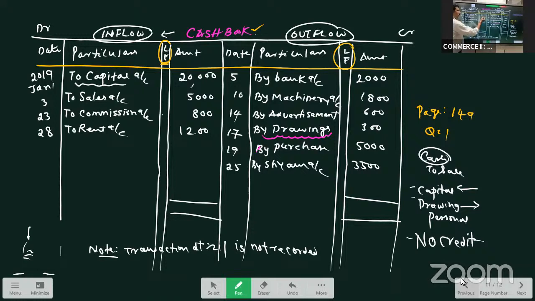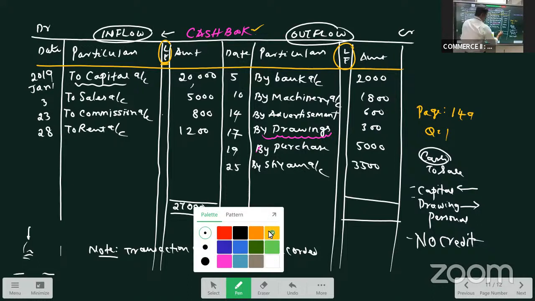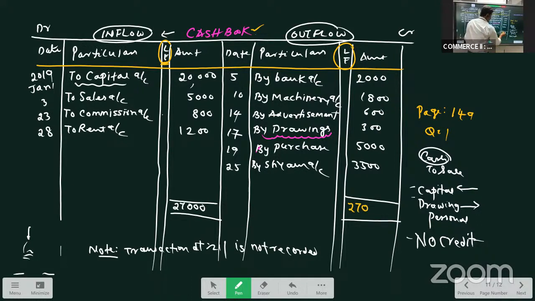So see the total. It is 27,000 on the debit side. Write the same total on the credit side. Now we'll do balancing.